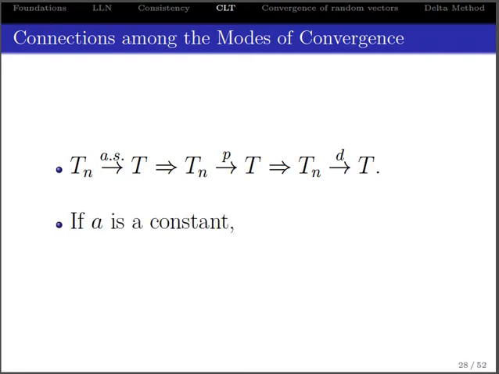And if A is a constant, then convergence in distribution to A implies convergence in probability to A, which is not too hard to prove if you're in that kind of class. But it doesn't imply anything about almost sure convergence at all.